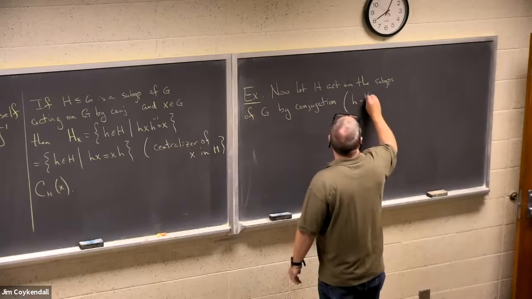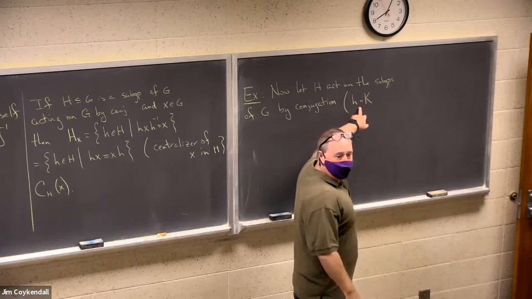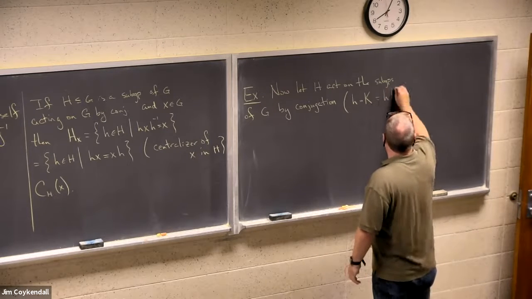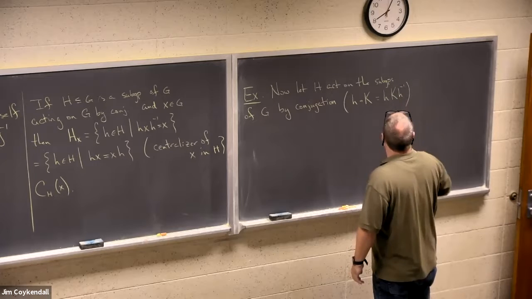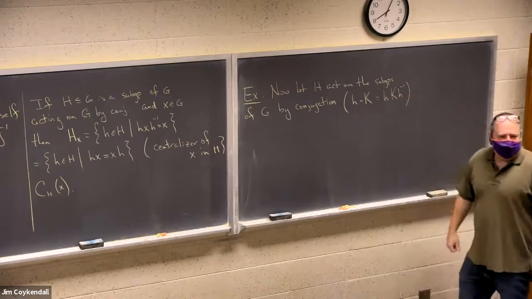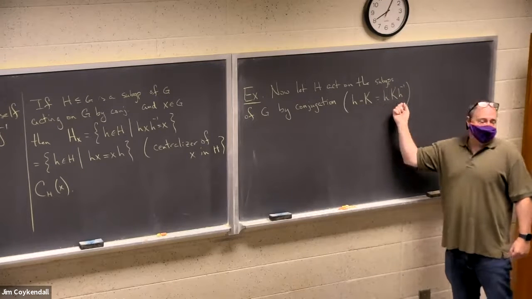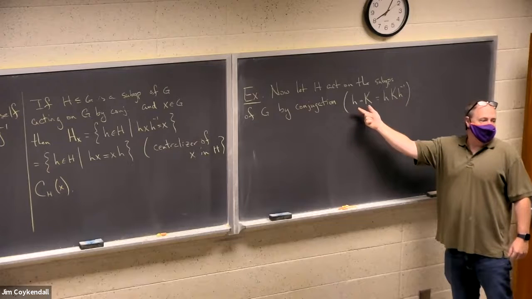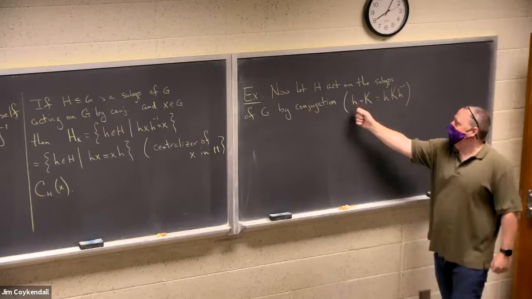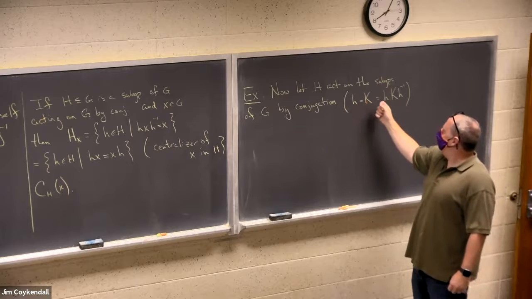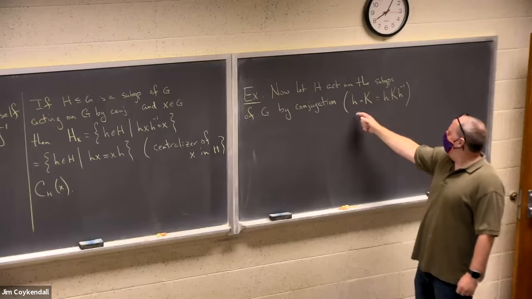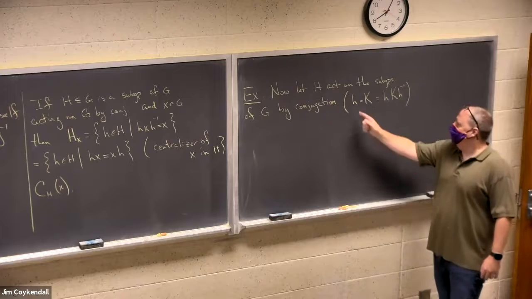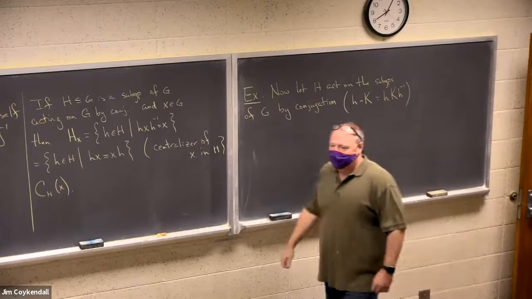H acting on some subgroup, so let K be a subgroup of G. And notice that this is also some other subgroup, right? So your action does what you want it to do. It's a map from H cross S into S. And it's pretty easy to see that the identity leaves K alone, and that you get the associativity.